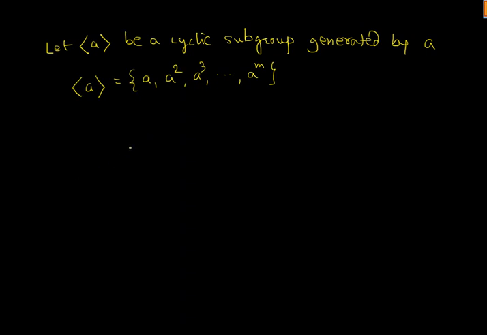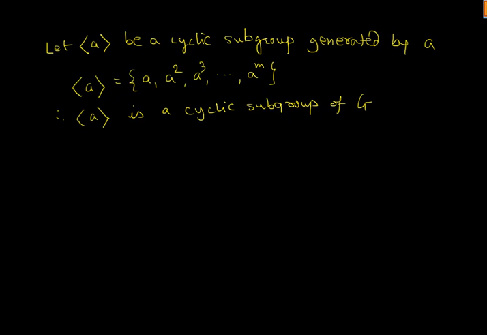Now, we know that A is a member of G, A square is a member of G, that means all are members of G, therefore this is a subset of G and it is a cyclic group, therefore I am calling this a cyclic subgroup of G.